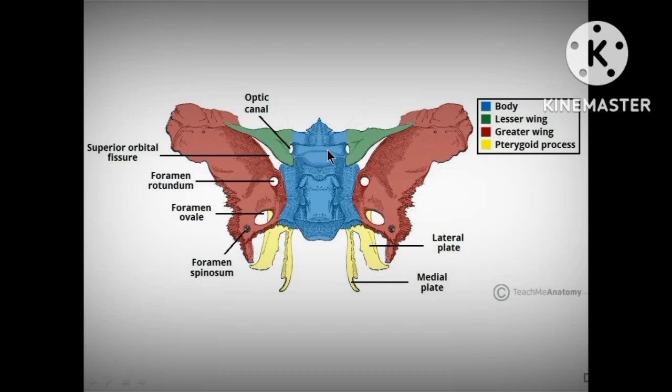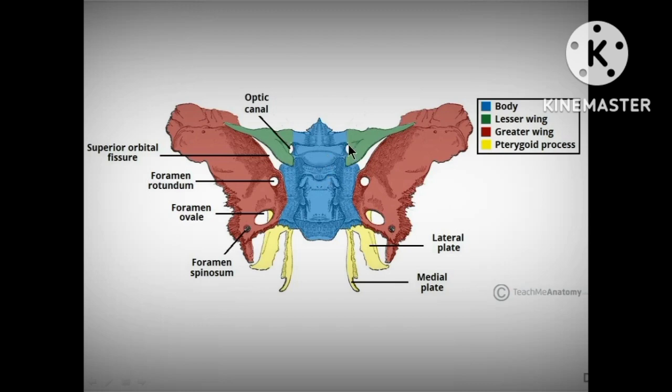This area is called the sulcus chiasmaticus, and this structure is called the tuberculum sellae. And these two structures are called the anterior clinoid process. These two structures are called the posterior clinoid process. And here there is a depression. This depression is called the hypophyseal fossa or the pituitary fossa and lodges the pituitary gland.